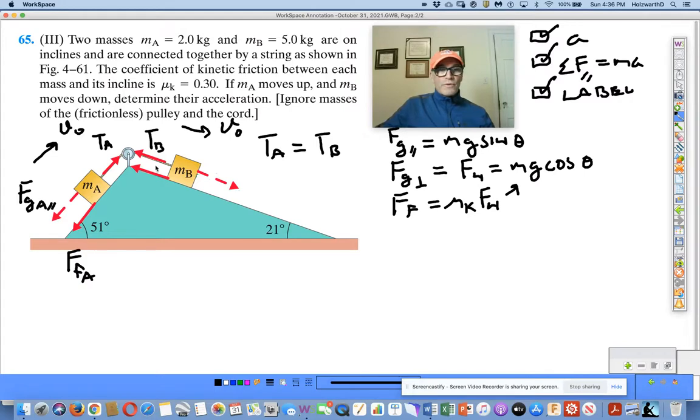And over for mass m sub b, we have the force of friction between m sub b and the surface, and the component of gravity, F sub g parallel sub b. Notice a lot of subscripts there. All right, so let's add up all the forces along the line of action using the WALK method. Walk along the line of action.